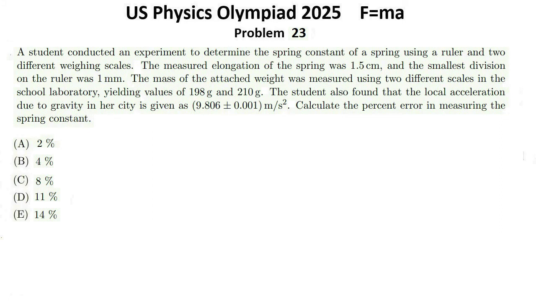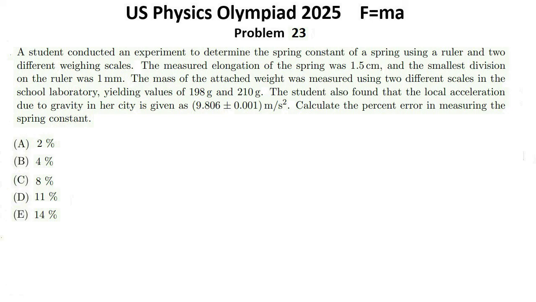Problem 23. The student conducted an experiment to determine the spring constant of a spring using a ruler and 2 different weighing scales. The measured elongation of the spring was 1.5 centimeters, and the smallest division on the ruler was 1 millimeter.